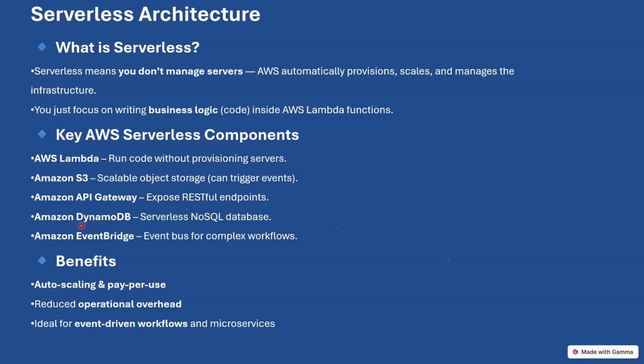And then EventBridge. If you have some complex system, such as system A calling system B, system B calling system C, then system A again calling system C, that sort of complex architecture in your application, then Amazon EventBridge can also help for your complex workflow.